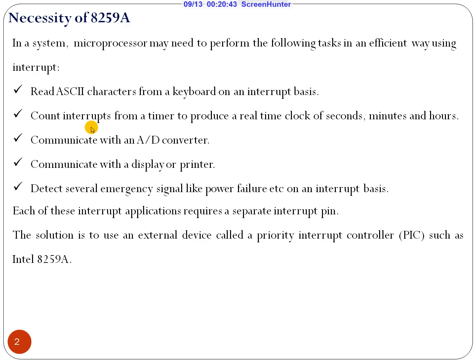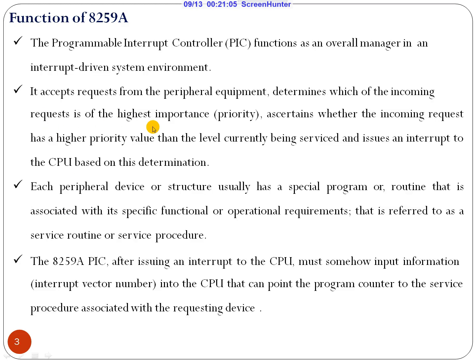To implement the real-time clock, and to communicate with the A to D converter and with printers, we need the 8259. And if you have to detect emergency signals like power failures or other real-time signals, we need a specially designed interrupt controller called the 8259.